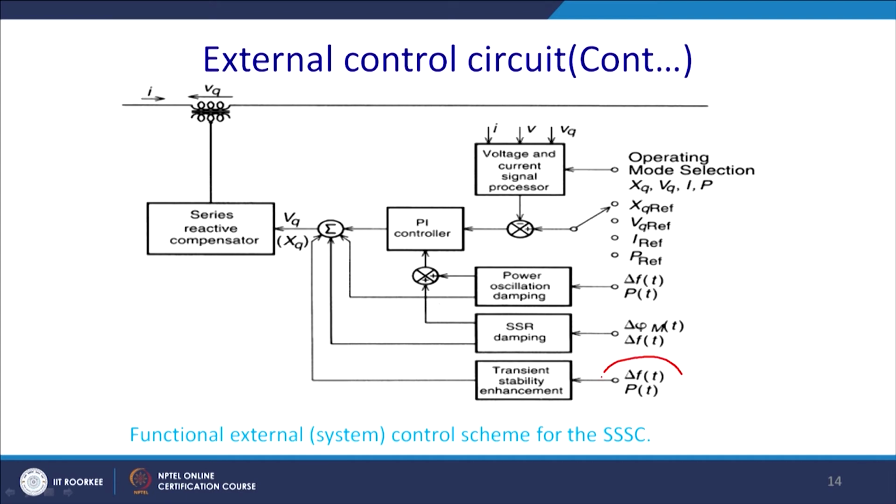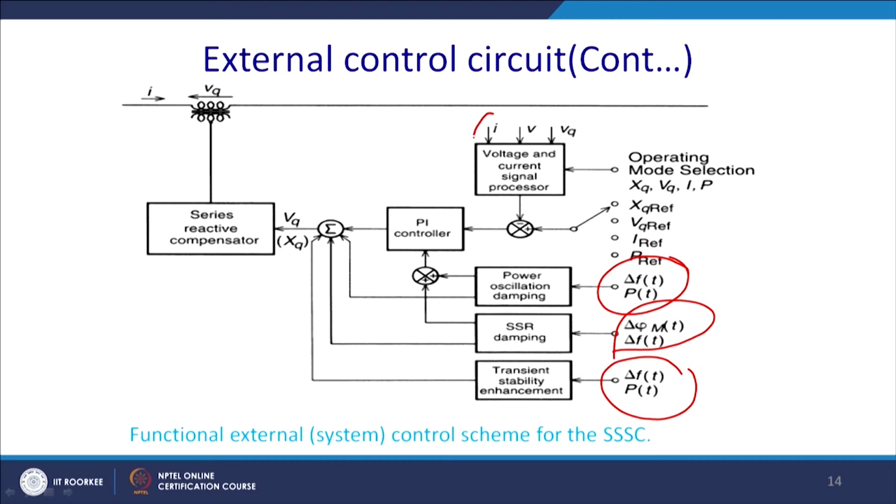This is basically for the transient stability, this is for the subsynchronous oscillation, this is for the power frequency oscillation damping. And this is the modus operandi of the different modes of operation. So, this is the overall external control circuit for any kind of series compensator.